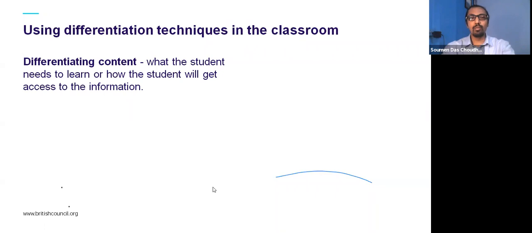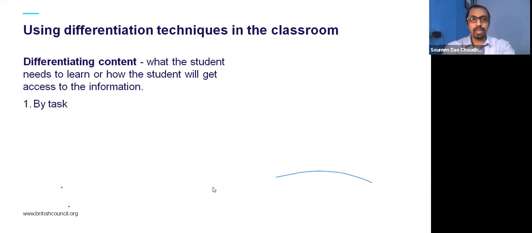So let's begin with differentiating content. What it basically means is what the student needs to learn or how the student will get access to the information. When we are talking about differentiating content, it could mean the content itself or the tasks associated with it.